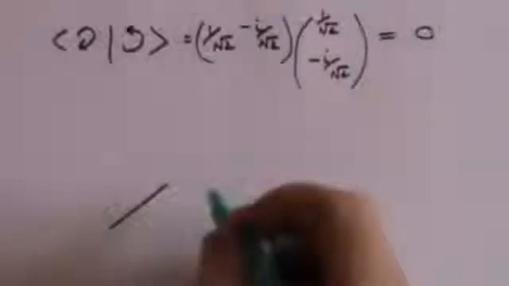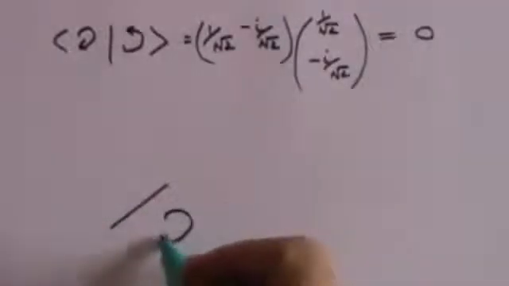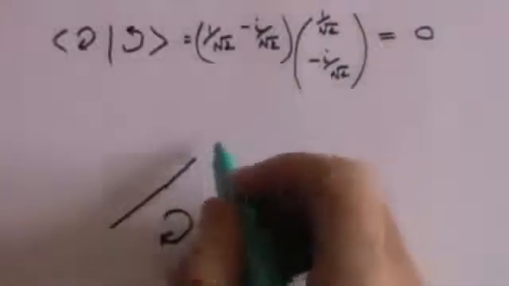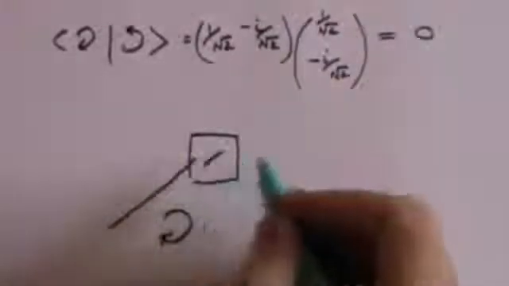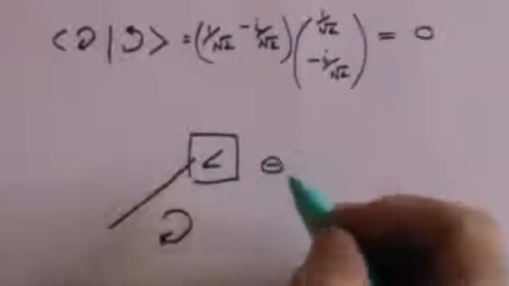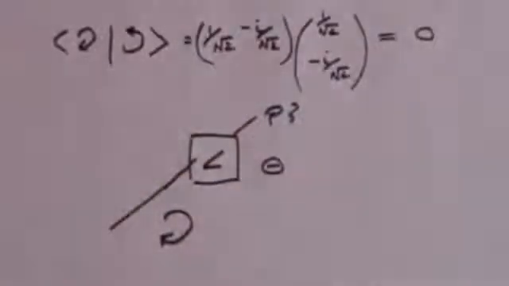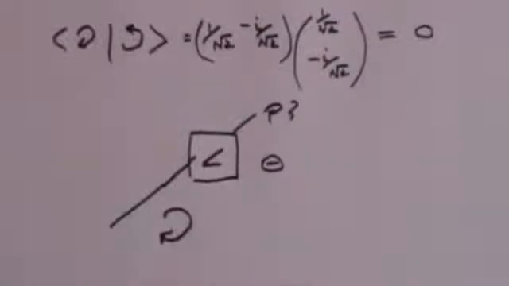Okay, now let's do an experiment. We're going to take light which is circularly polarized, and we're going to put it through a polarizer which is angled at theta, any theta. And we're going to ask ourselves, what is the probability of that circularly polarized light getting through that polarizer?